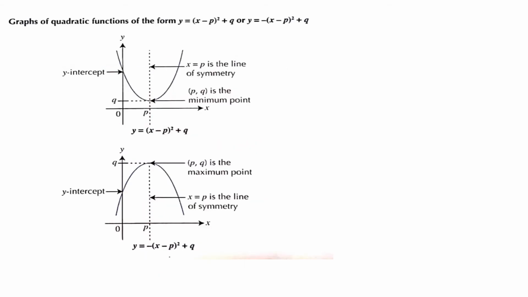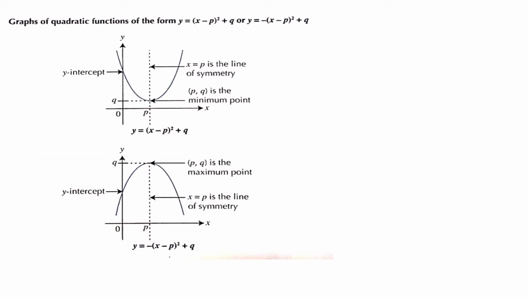Now let us observe the main features or properties of quadratic function of the form y equals (x minus p) whole square plus q, or y equals minus (x minus p) whole square plus q. In the first quadratic function, that is y equals (x minus p) whole square plus q, here a, the coefficient of x square, is 1, that is positive.